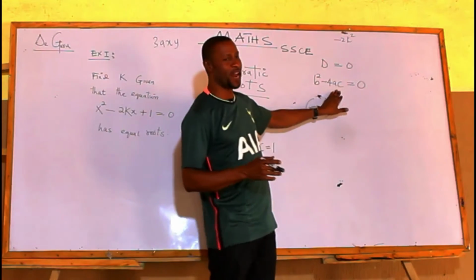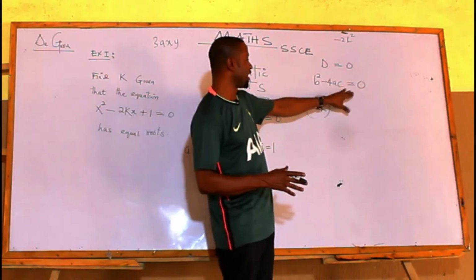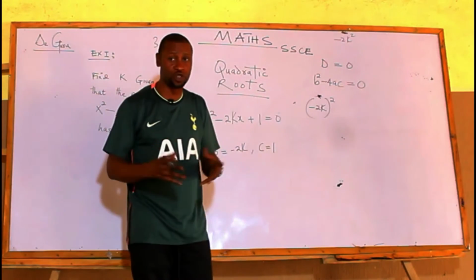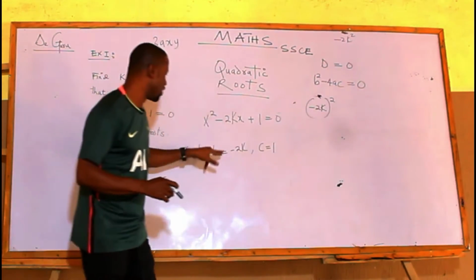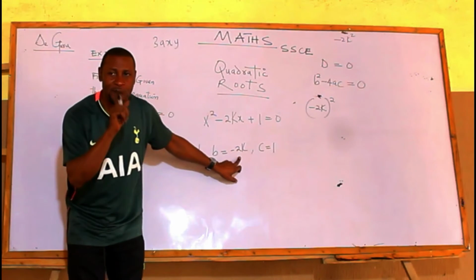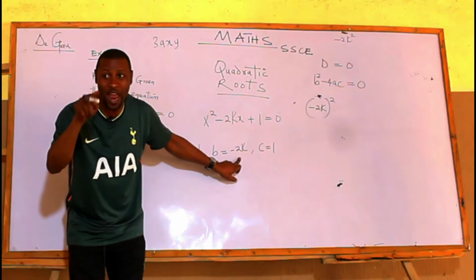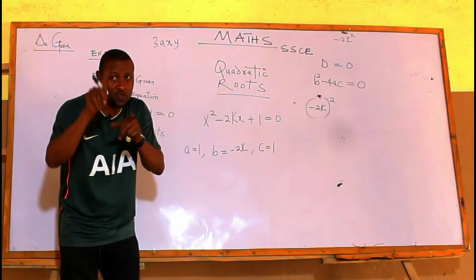What did I do? I stated the formula for discriminant, which is b squared minus 4ac, and equated it to 0. Now we are making substitutions. Where you see b, you write minus 2k. Remember, what you have there is b squared, so it will be minus 2k all squared.